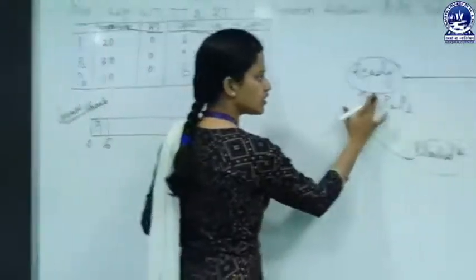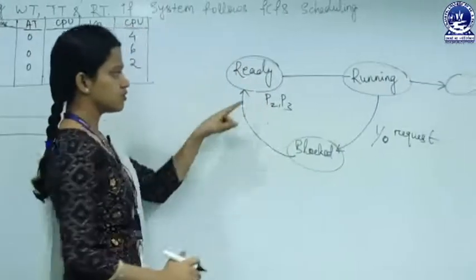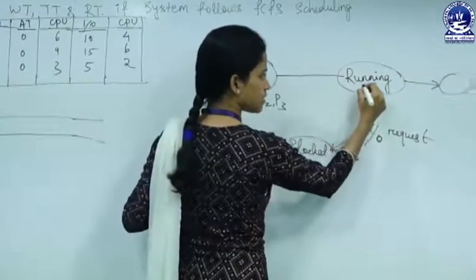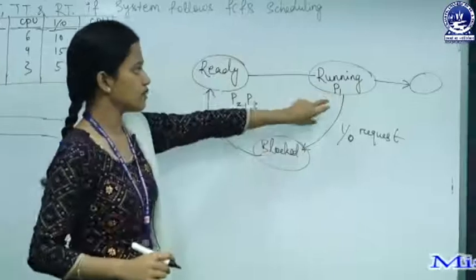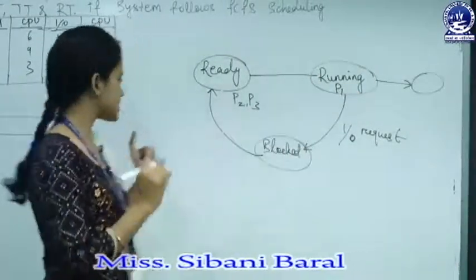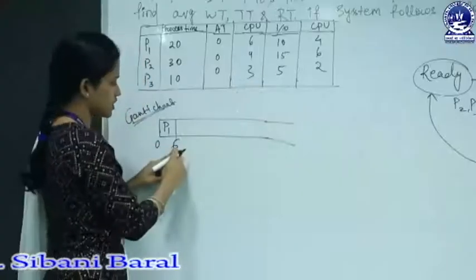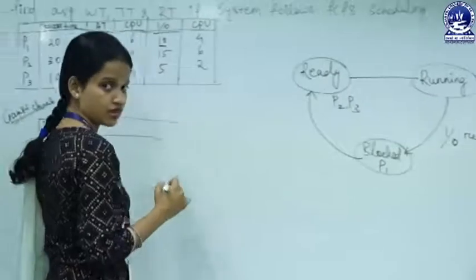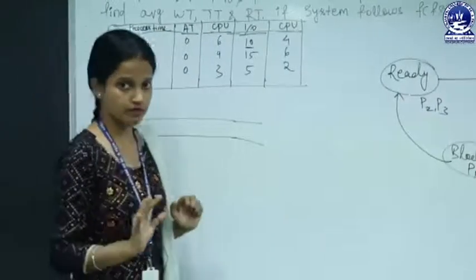Now P1 will be picked by the operating system and go to the running state. P1 is now in running state for 6 units of time. At 6 units of time, it will go to the block state. P1 is in block state for 10 units of time.